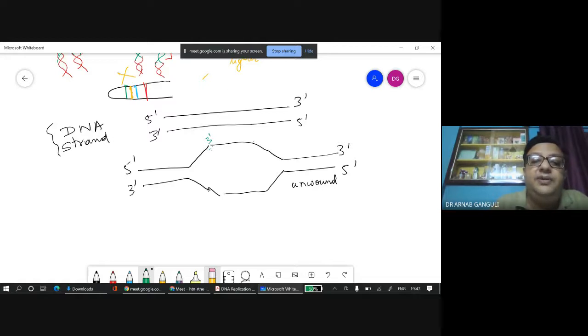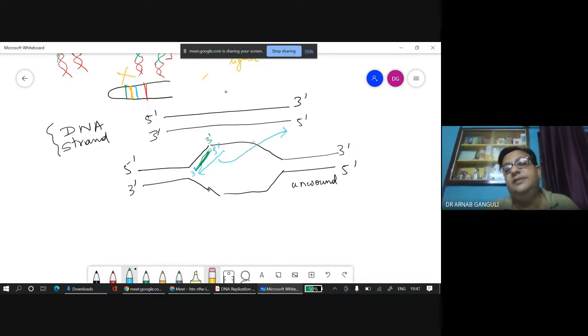This is the 5 prime end, this is the 3 prime end. This is known as the leading strand.